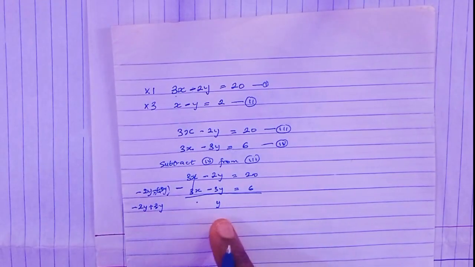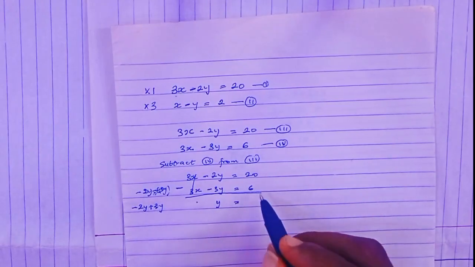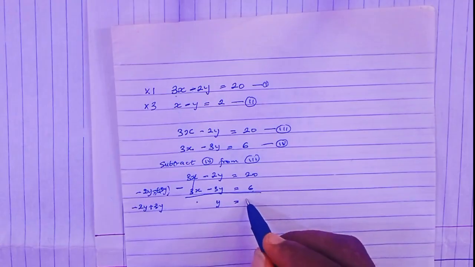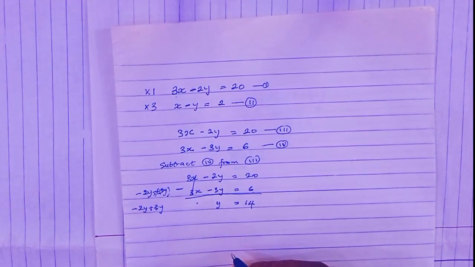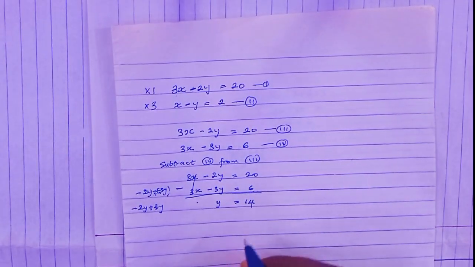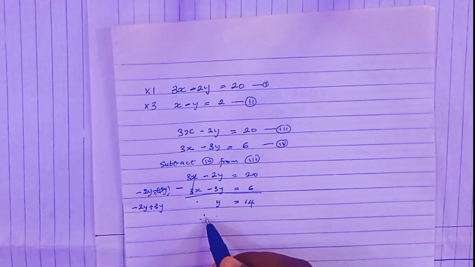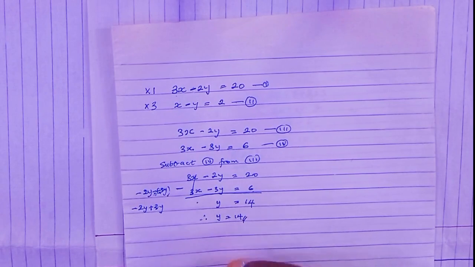If you now add them, we're going to get positive y equals 20 minus 6, which will give us 14. Now we have seen that we have eliminated x to get the value of y. And the value of our y is 14. Therefore, y equals 14.